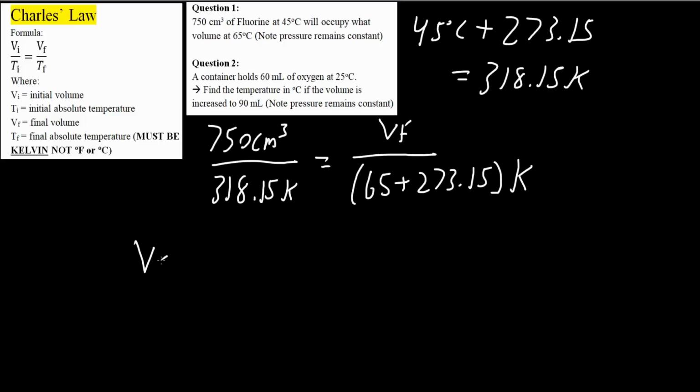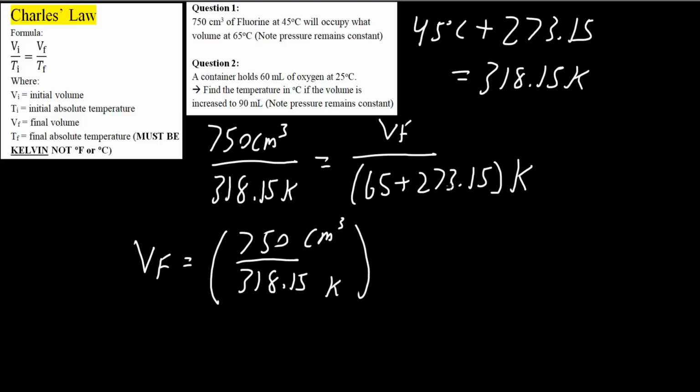So VF is equal to this piece right here, 750 divided by 318.15. We can put our units, centimeter cubed and Kelvin, multiply by this piece right here. So times 65 plus 273.15, and this is in Kelvin.